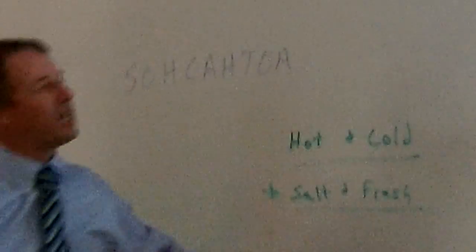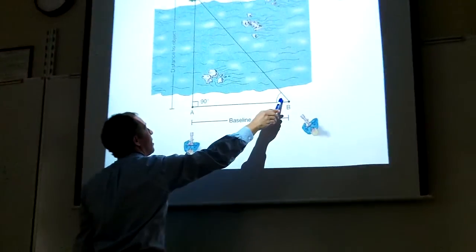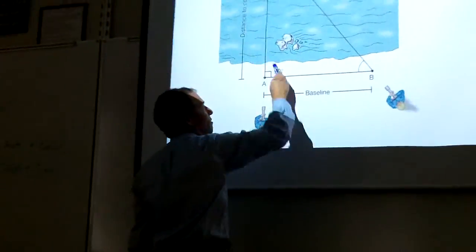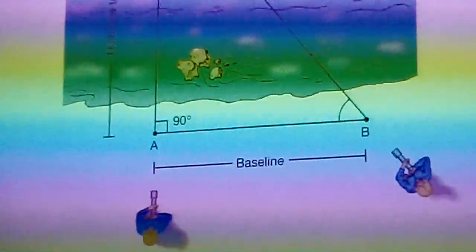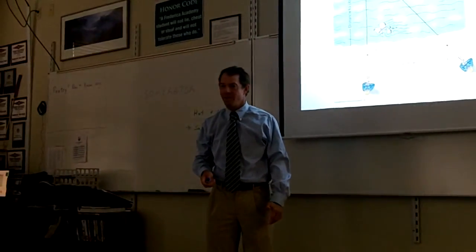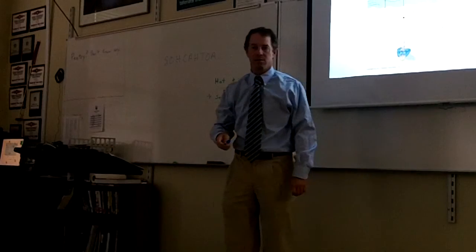Tangent is opposite over adjacent. So if we were wanting to figure this out, and we knew this, how could we figure it out? Opposite over adjacent, the tangent of this is equal to the opposite over the adjacent. Right? You can figure it out right on the calculator. You see how I'm saying? We're going to actually do this. That's our lab that's coming up soon.